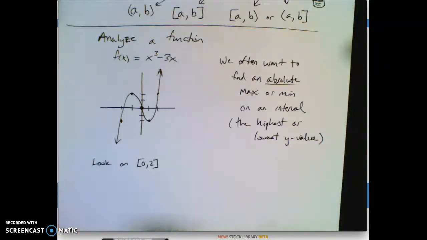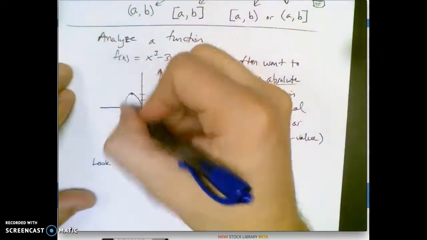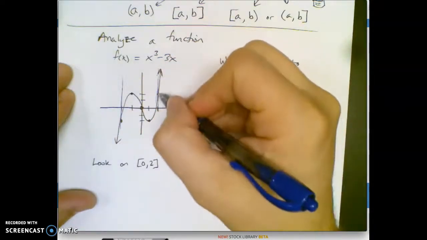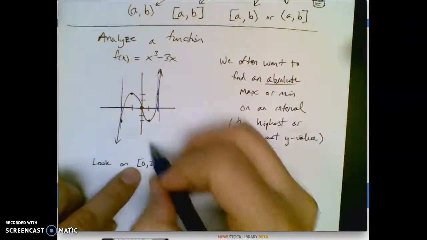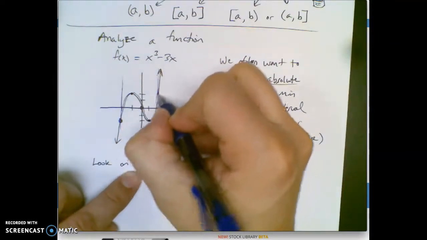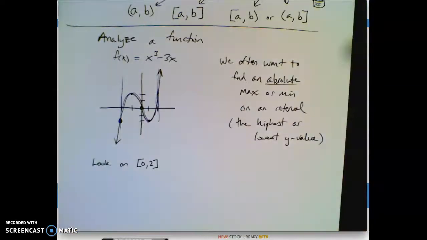See how it's a closed one? So basically what that's saying is we're gonna chop our graph right here to right here, right? And we are including the endpoint. I'm not including the other stuff.